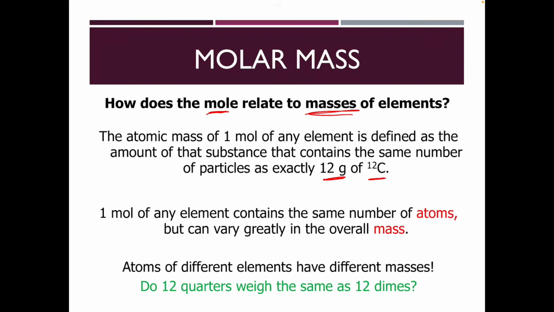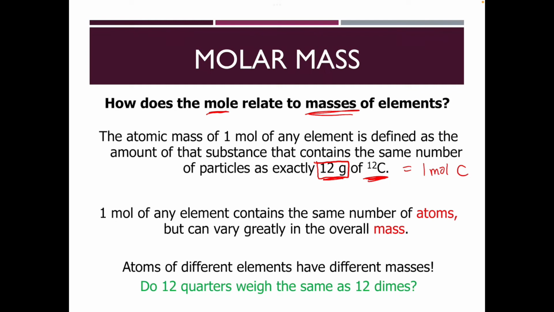A lot of things in chemistry use carbon as a definition. But essentially what this means is if I take 12 grams of pure carbon-12, so no other isotopes, just carbon-12, that is going to equal 1 mole of carbon, and that's going to be 6.022 times 10 to the 23rd atoms of carbon.